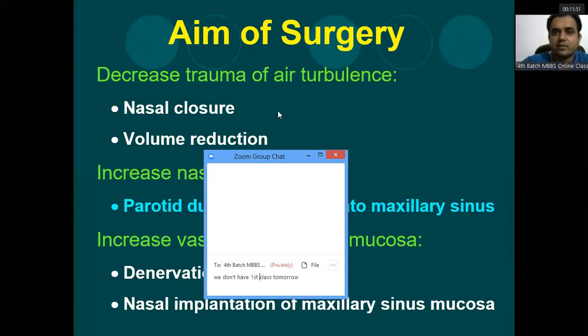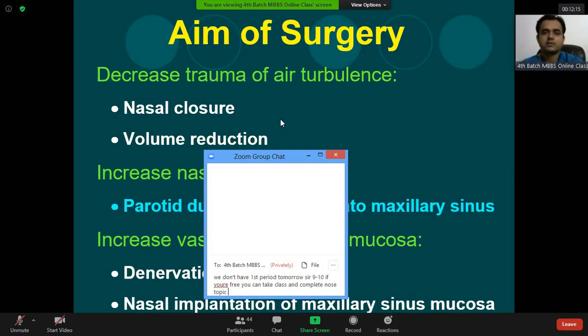The operation will decrease the trauma of air turbulence, and it is done by nasal closure and volume reduction. These are the different methods, right? Young's operation usually deals with this, and these are the other types of surgery.